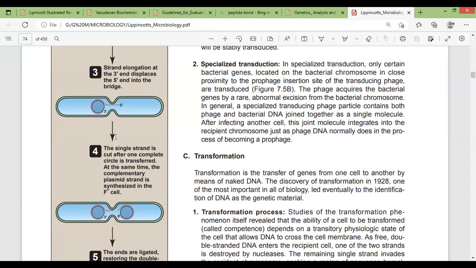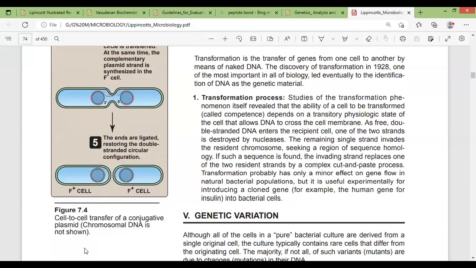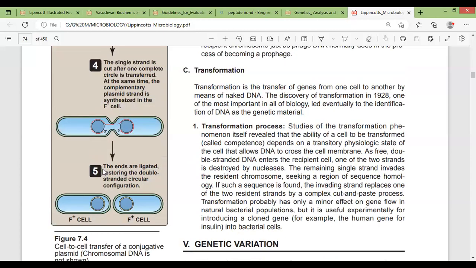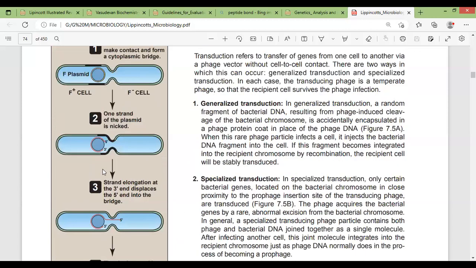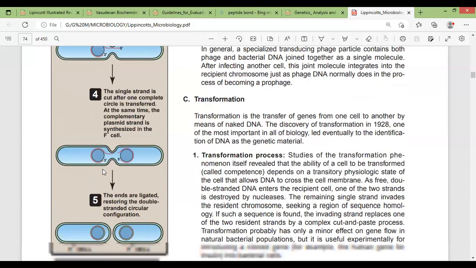And then at the end, you see that they've separated, right? So in short, these cells came into contact. One strand of the plasmid went to the other side. They both synthesized a complementary strand, and then they were like, I've shown you how to fight nitrofurantoin. Are you good?